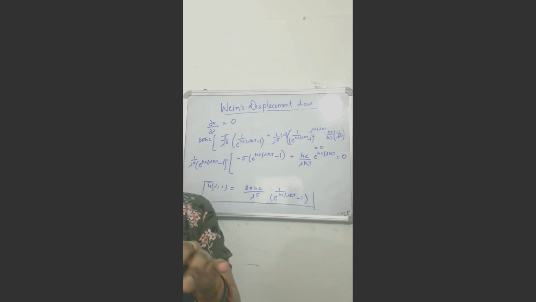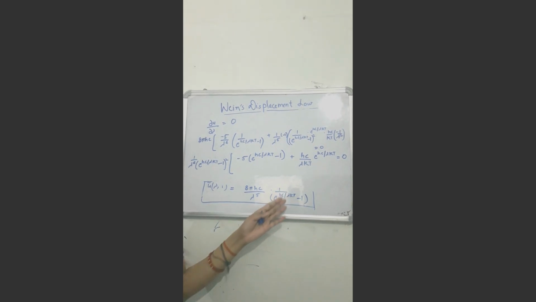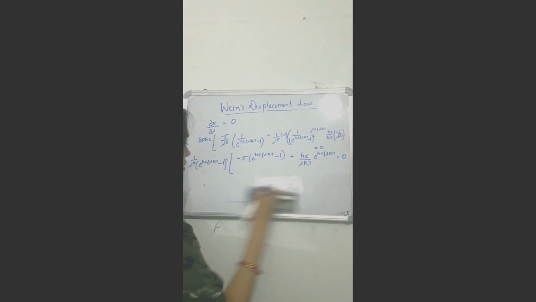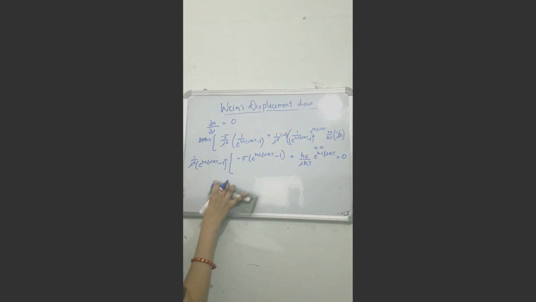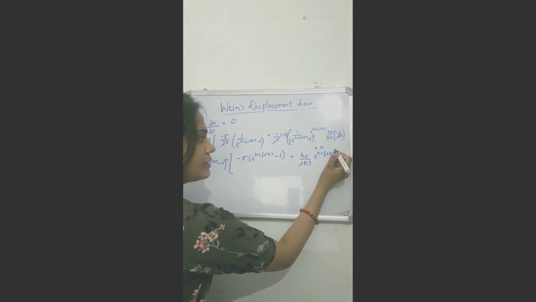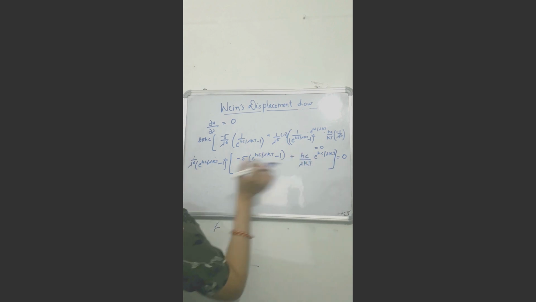Now the common factor goes to 0, and we can take e^(hc/λkT) outside.